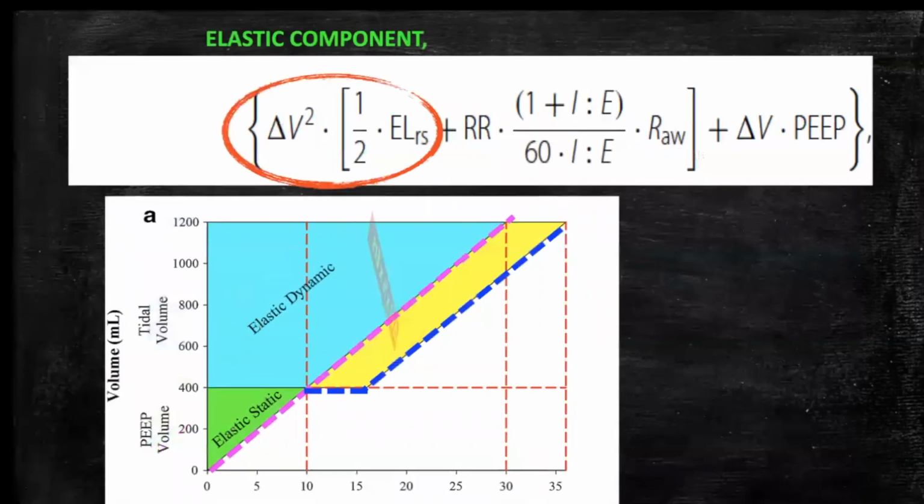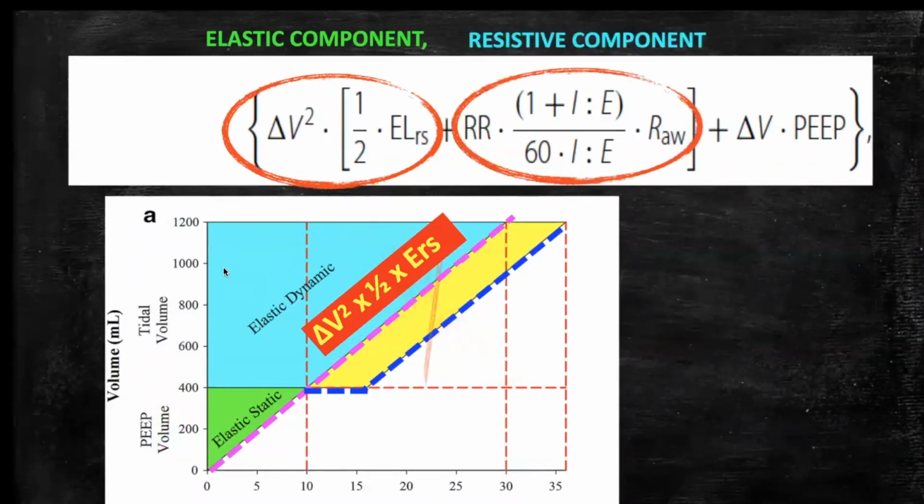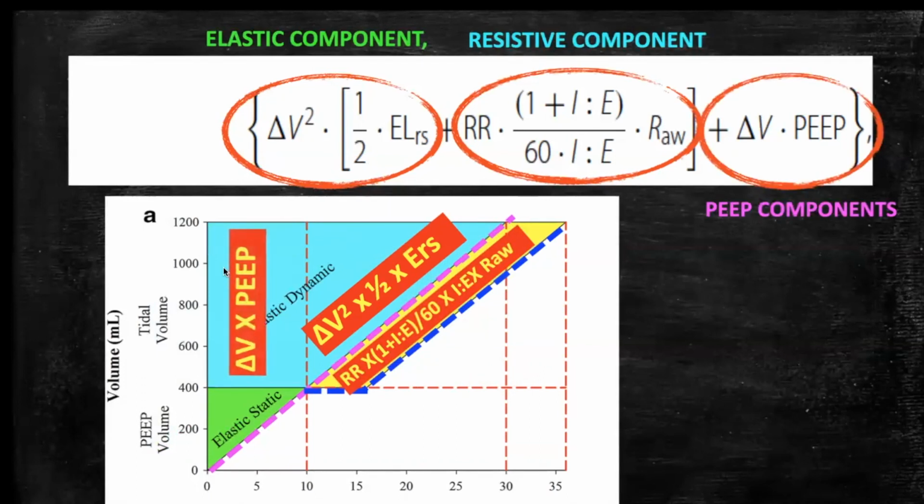When you look at the equation, this part represents the respiratory elastance and the tidal volume. Then the airway resistance part is represented by this part of the equation, and the last part, the PEEP component, is represented by this part of the equation.